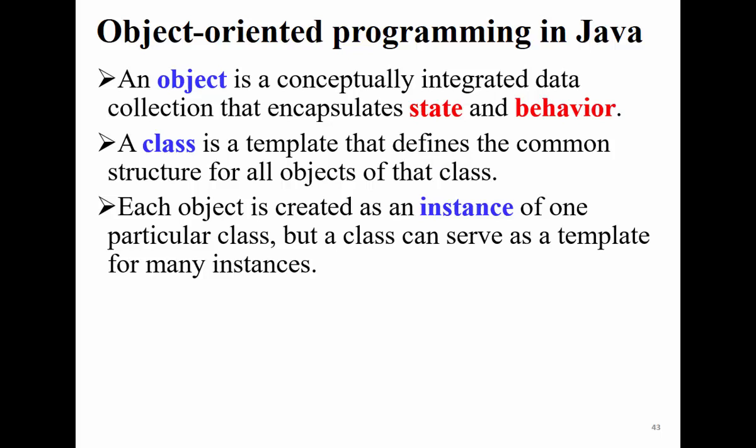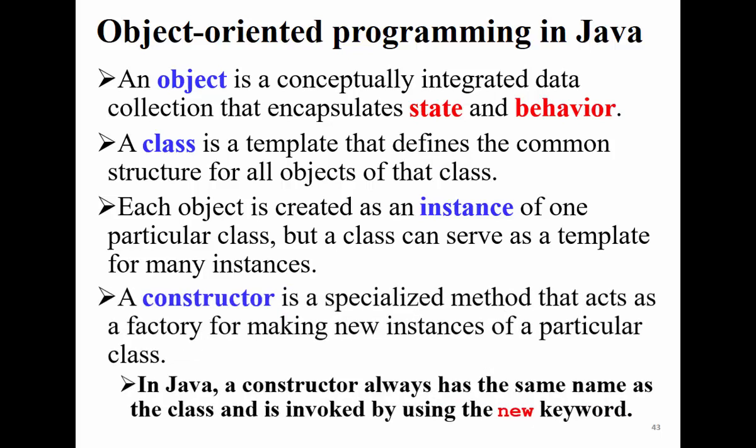You say Student, a new Student. You create a new object. It's not creating a new class. You create a new object from the class. We call it an instance of the class. When you create an instance of a class, you can change the state. So student A has the name A, student B has the name B, but both are from the class Student, and they have different state, different names.